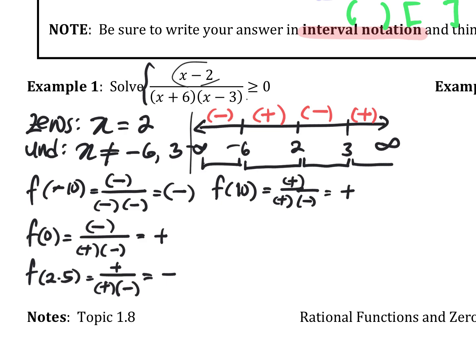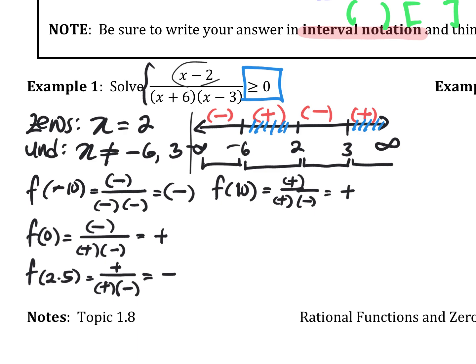So to answer the question in here, solve for the rational function where it's going to be greater or equal to 0. So in here, we can see that these are the positive parts. This is where you can see the greater or equal to 0.